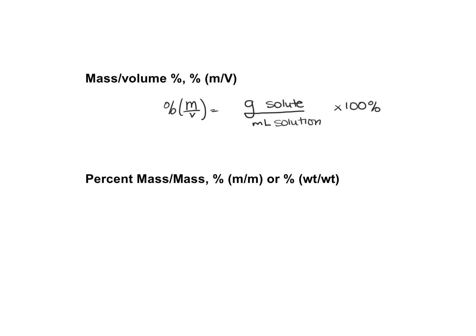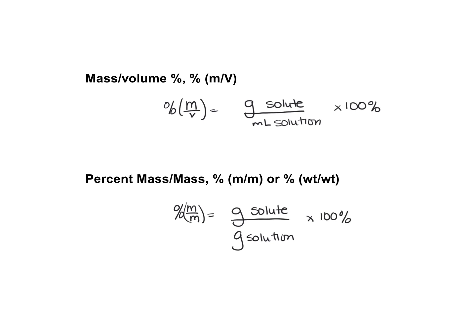And the percent mass over mass, or weight percent, is given as the grams of the solute over the grams of the solution times 100%.